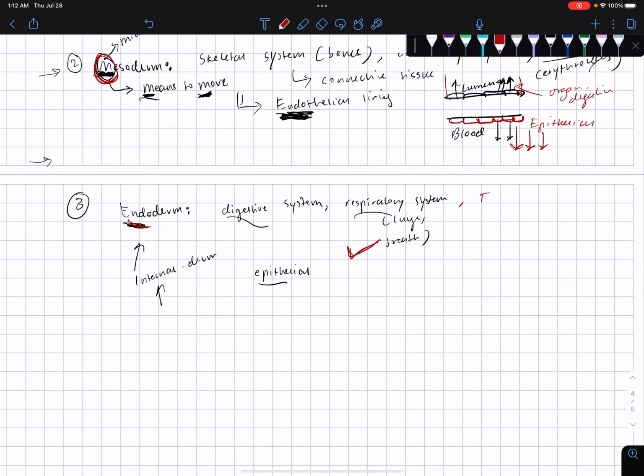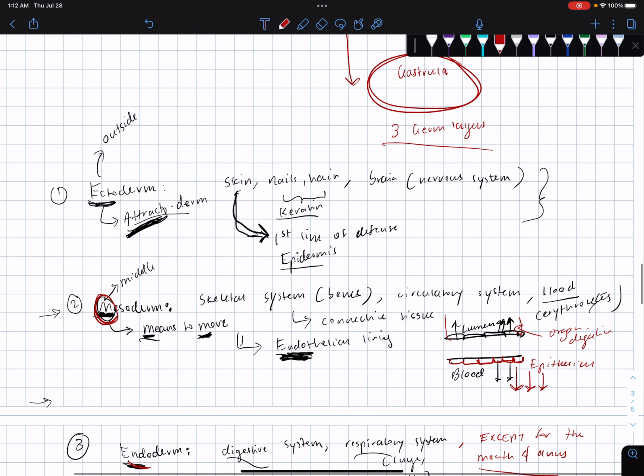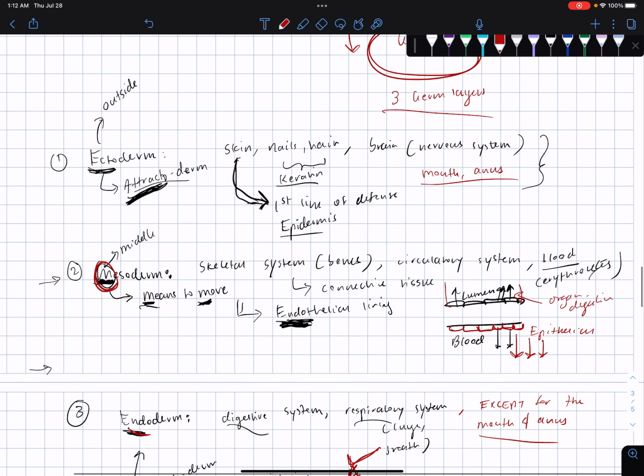So we're going to write except for the mouth and anus. So we're giving our epithelial lining to internal systems, right? Except for the mouth and anus. So the mouth and anus will be included in the ectoderm. Mouth and anus will be included there.